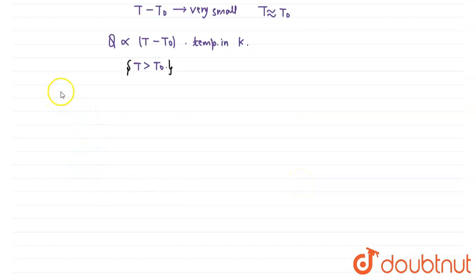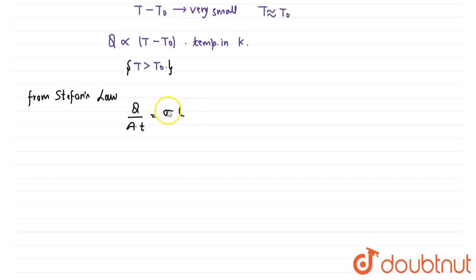Now, according to the Stefan-Boltzmann law, we can also write the amount of heat energy lost per second per unit area of the body, Q divided by A into t, is equal to sigma T raised to power 4.